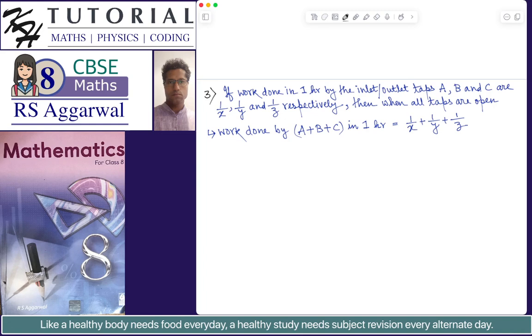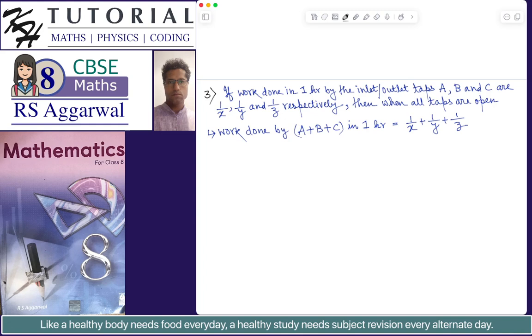Now, x, y, z can be positive or negative depending on whether the tap is an inlet tap or an outlet tap.